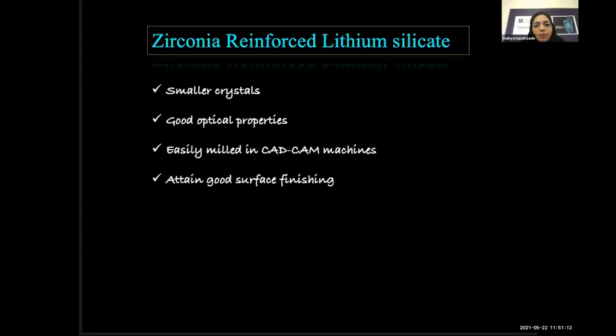And additionally, this new material maintains the good optical properties and is easily milled with CAD/CAM machines and attains a good surface finishing as they still have a high amount of glass matrix. A particular advantage of the lithium silicate ceramic over the lithium disilicate version is the superior polishability of this material due to the smaller crystal sizes in the microstructure.